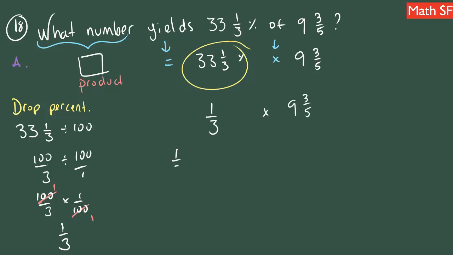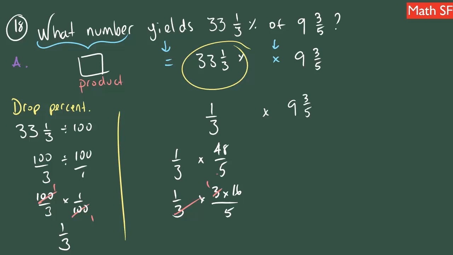So 1/3 times 9 times 5 is 45 plus 3, 48 over 5. 1/3, let me make the space there, times, this will be 3 times 16 over 5. 3 and 3 goes away, and you are left with 16 over 5. So that should be the answer.